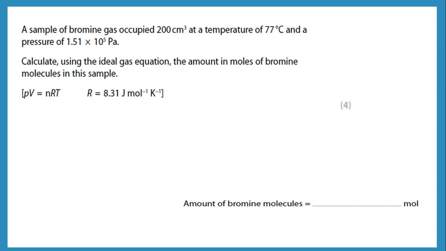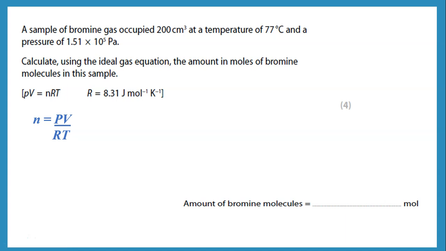Then this question says a sample of bromine gas occupied 200 centimeter cubed. Of course, that's the volume, at a temperature of 77 degrees Celsius and a pressure of 1.51 times 10 to the 5 Pascal. Calculate using the ideal gas equation the number of moles of bromine. We know that the ideal gas equation is PV is equal to nRT, where n is the number of moles, so we can use that to get the number of moles.